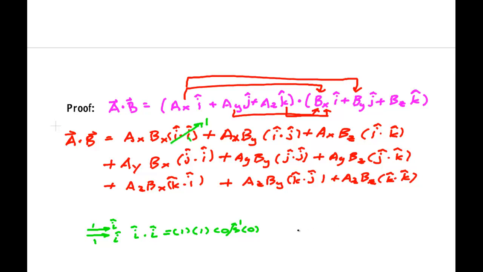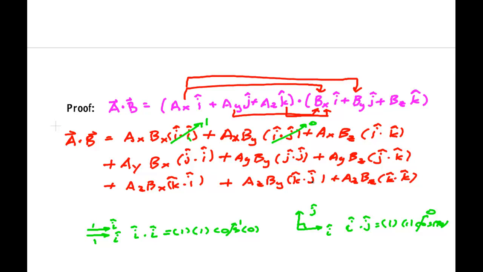On the other hand, if the vectors are different, like i hat and j hat, then the angle here is 90 degrees. So we have i hat dot j hat is 1 times the cosine of 90. But the cosine of 90 is 0.